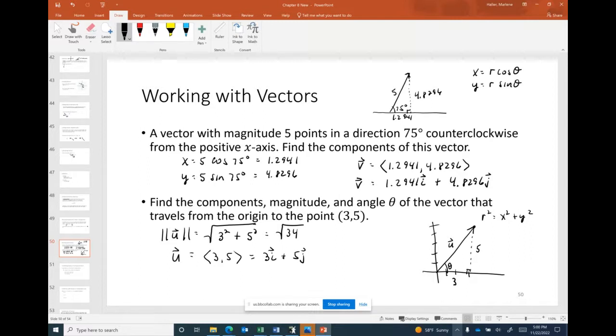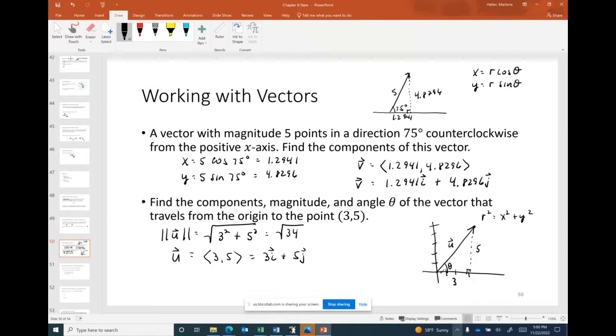Okay, last thing I need to know is this angle, which tells us about the direction of the vector, because the vector must have magnitude and direction. That angle isn't that hard to find. We could use tangent, cosine, sine, it doesn't really matter.